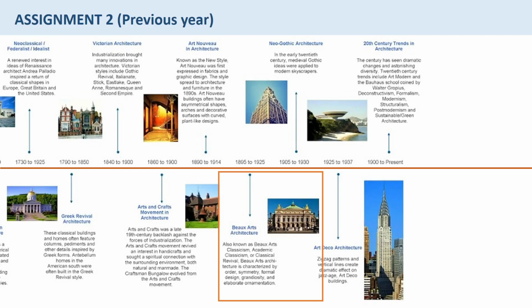Then Art Deco happened. Art Deco used a lot of zigzag patterns and vertical lines, and they also involved a lot of inspiration from different machines that were being created. For example, in a lot of places Art Deco was heavily inspired by naval architecture, because ships were a whole new thing.